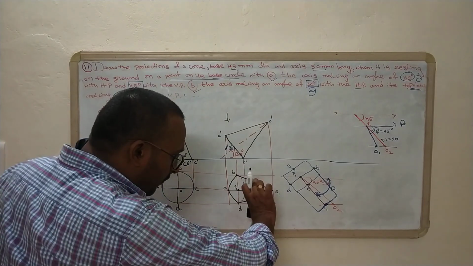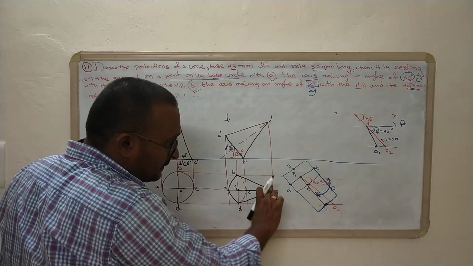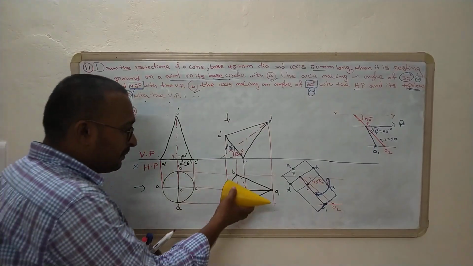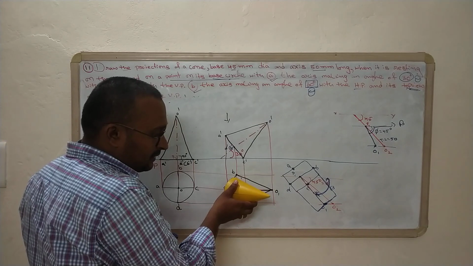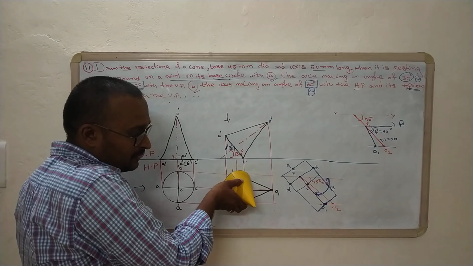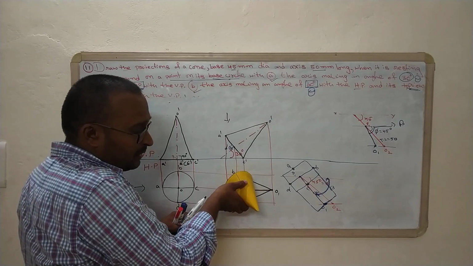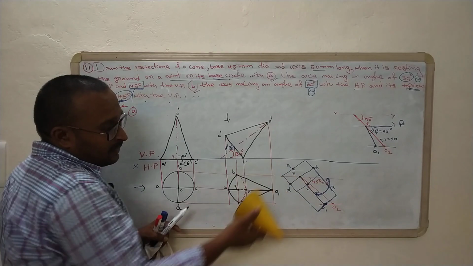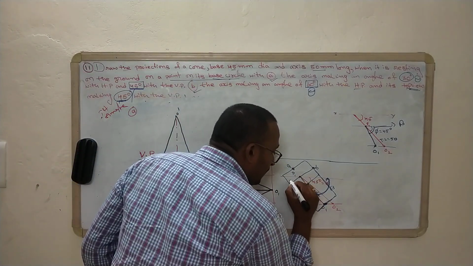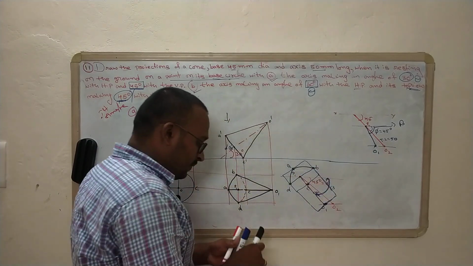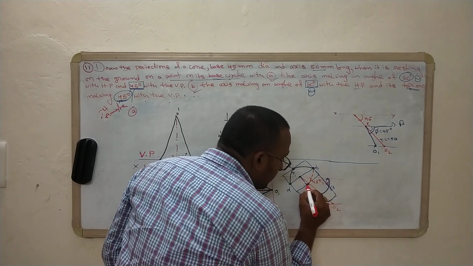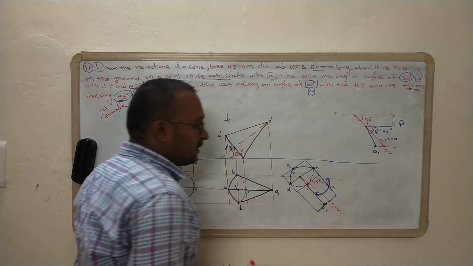Then we are well known that if we are going to rotate it towards the top view, say for example, if this is the top view, then if you are going to rotate like this on top view, in the same way A, B, D will be completely visible, and then B, C, D will be partially visible.